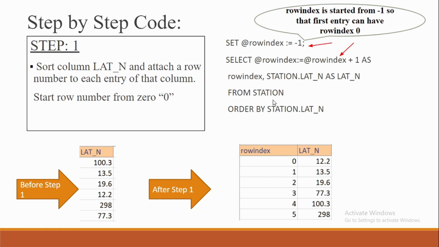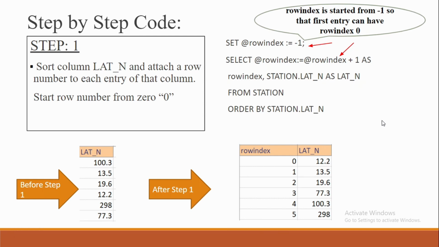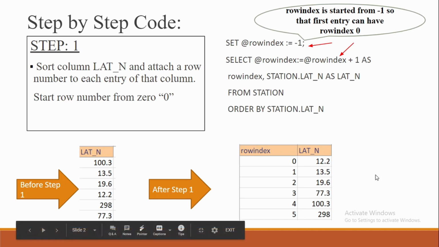I have ordered it in ascending order, and then I have also attached an increasing raw_index to each element of the sorted list. In the next step, I'm going to use this select statement in an outer SQL query. Essentially, I will be using the table that I have created in this select statement.